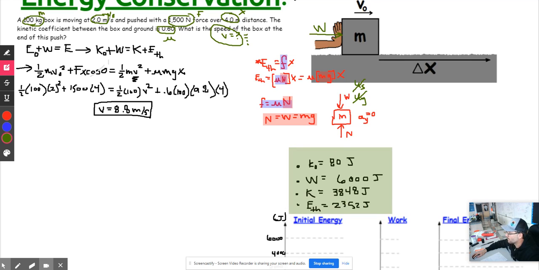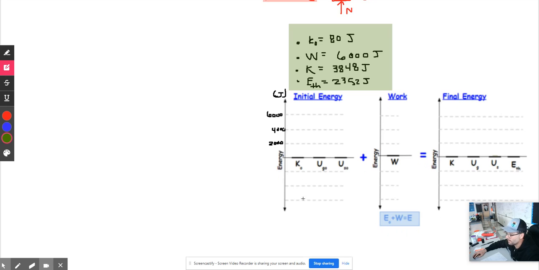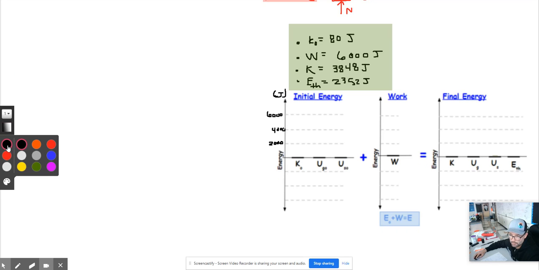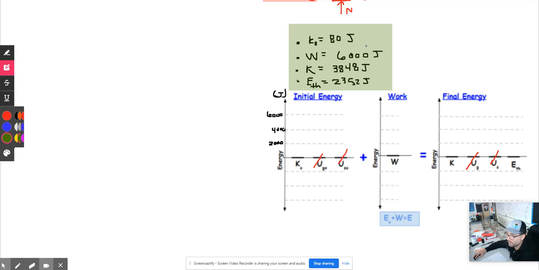Let's plot those to show you what happened here. So real quick, I had no spring stuff involved here, and I had no UG stuff involved here. And now we can plot what we had left, and it's these things.